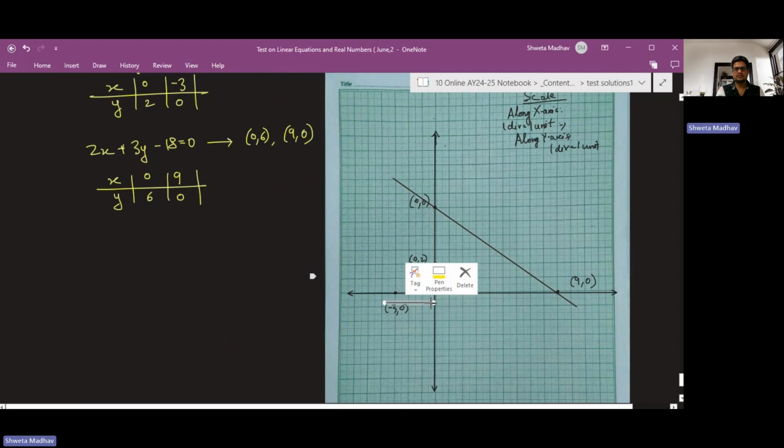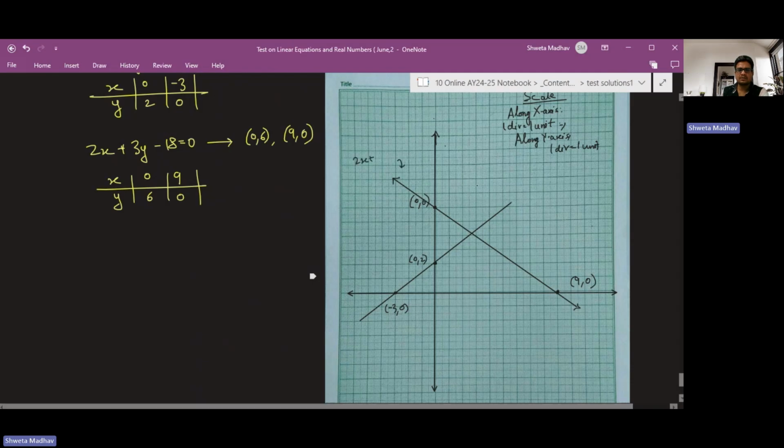The other line is this one. So one straight line is this one, and the equation of this is 2x plus 3y minus 18 equal to 0.